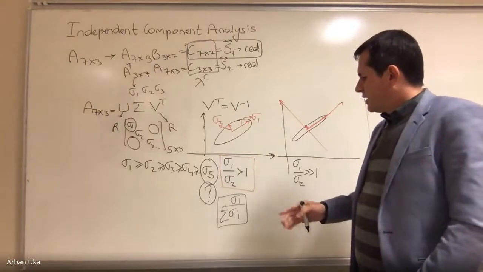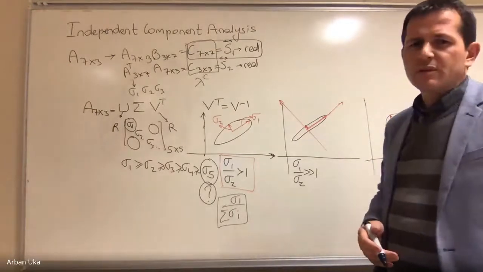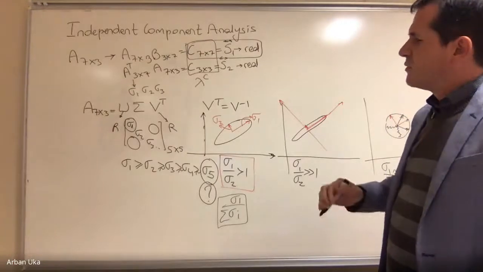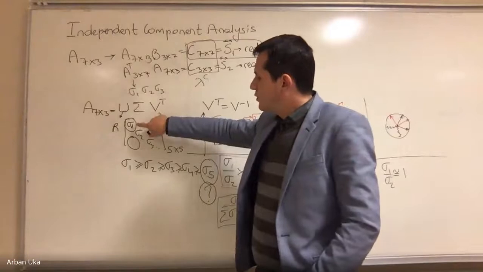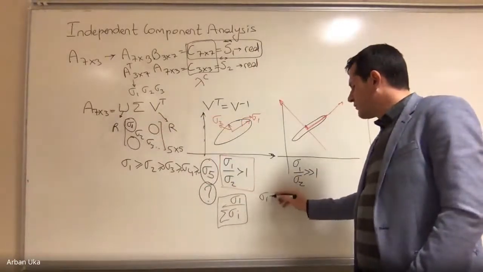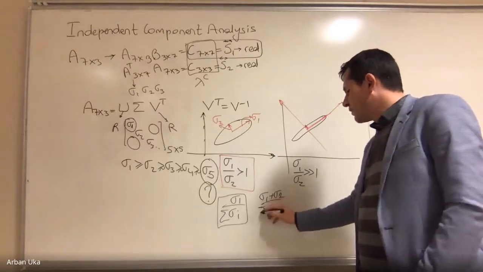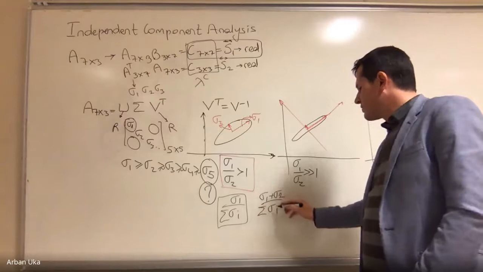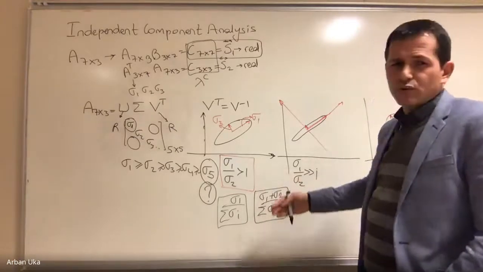Now, sometimes to reproduce a data set, based also on the examples we covered in the previous sessions, the data set might not have all the weight on one sigma, but also in the first 2 sigmas. So the weight on the first 2 sigmas can be described as sigma 1 plus sigma 2 over the summation of all of the sigmas. So this is what we mean by the weight.